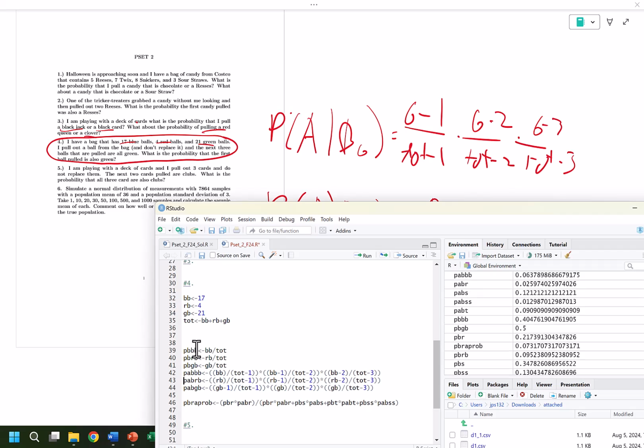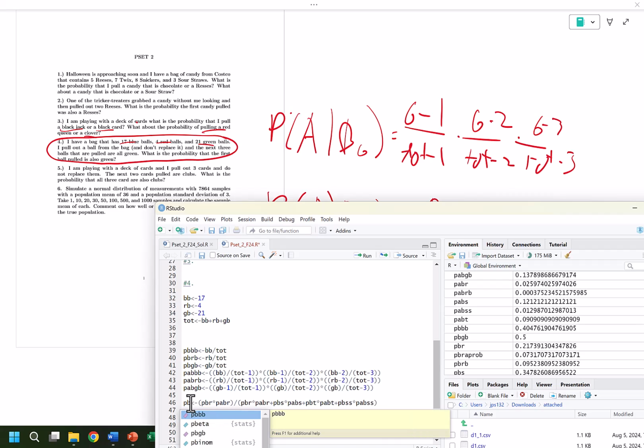Make sure to press Control Enter on each. So my PB green balls, I can do my PBGB times my PABGB over the same thing.